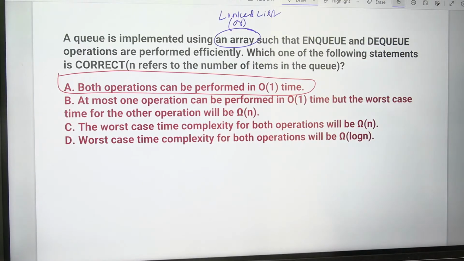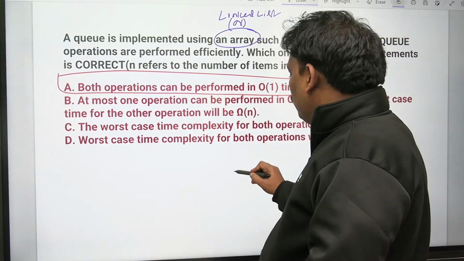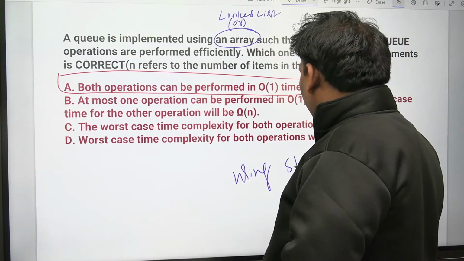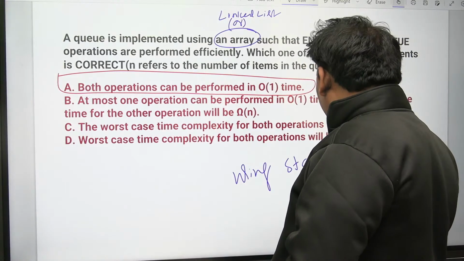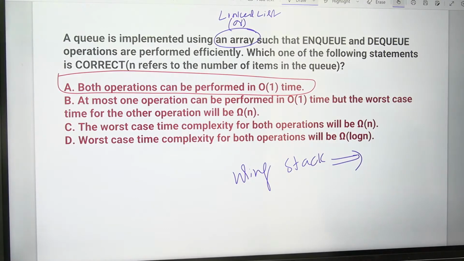Careful. Suppose the queue is implemented using a stack, then one of the operations is costly. NQ may be costly, or DQ.